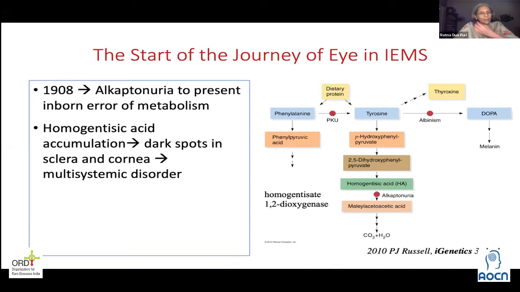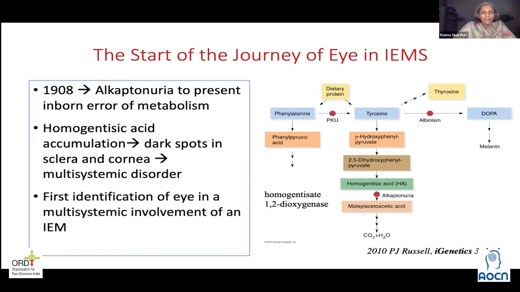And he had observed a change in color in the urine of some patients, as also dark spots in the sclera and the cornea. And he realized that homogentisic acid, and you can see the pathway here, where there is a block in this enzyme and therefore accumulation of a precursor metabolite. And this has already been introduced in the previous talks.